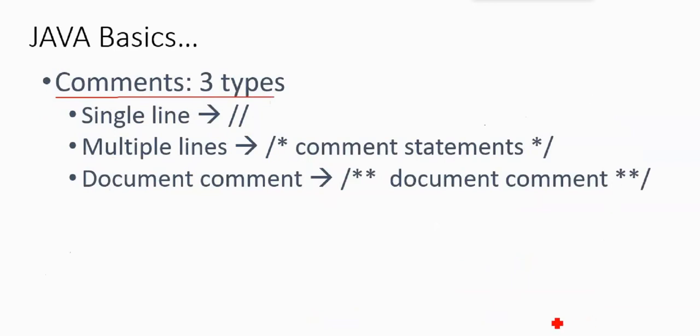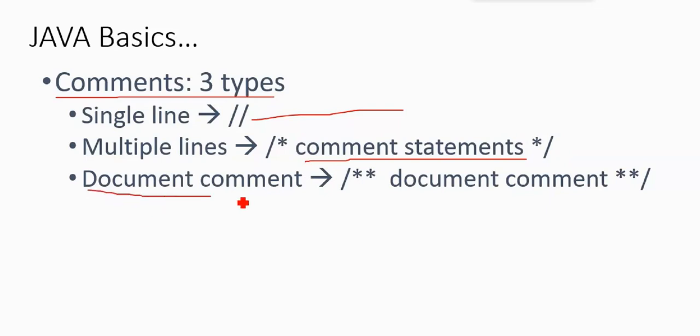For the single line comment, we use the double slash followed by anything you want to write, and it becomes a single line comment. For multiple line comments, a slash star followed by lines of statements, then end with star slash. So this is the multiple line comment.